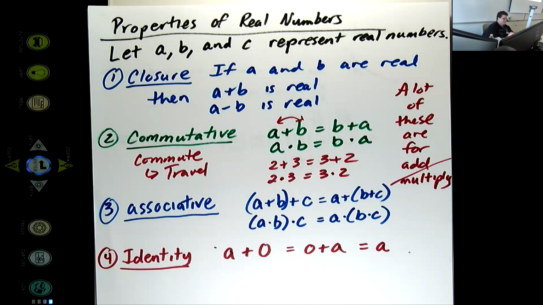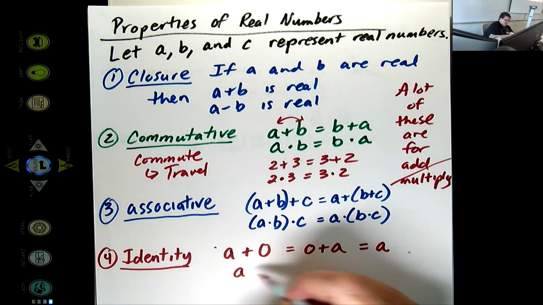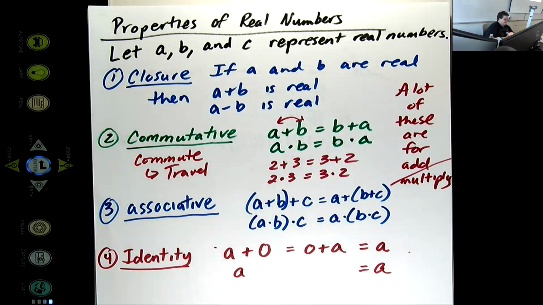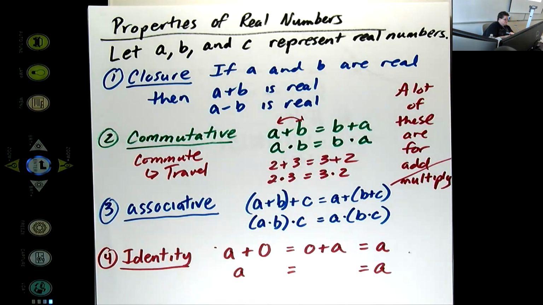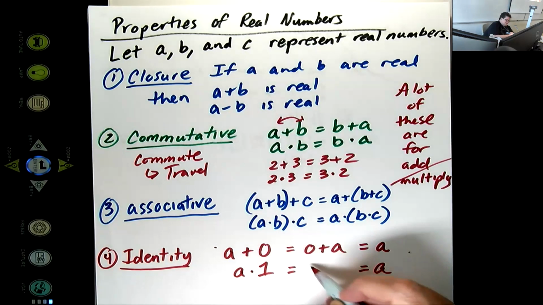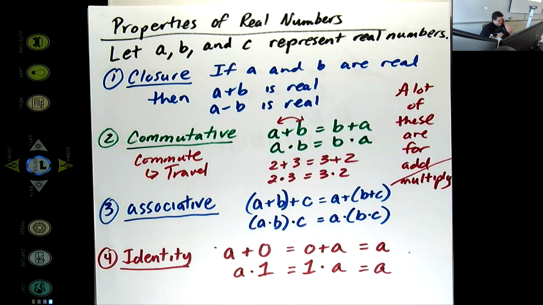And the multiplicative identity, which is a fun word to say, has the same idea. It ends with an A. What do I have to multiply A by to end with itself? 1. A times 1 is the same as 1 times A, which is A. This is stuff you all hopefully knew. You just probably didn't call it the identity.